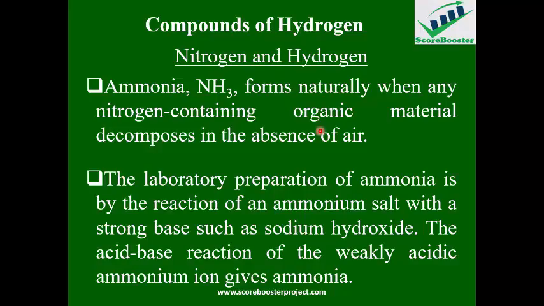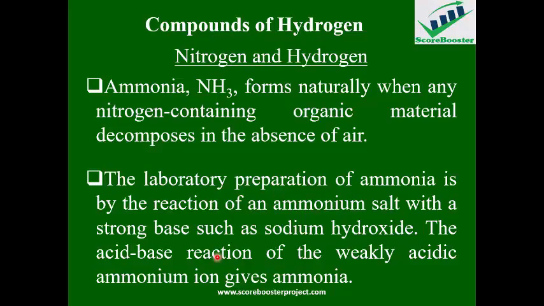So the laboratory preparation of ammonia, the major one, is done by the reaction of an ammonium salt. Any of the ammonium salts can be used with a strong base. A strong base can be sodium hydroxide, can be potassium hydroxide. So when you have an ammonium salt like ammonium sulfate, like ammonium nitrate, like ammonium chloride, you now react it with a strong base like sodium hydroxide.